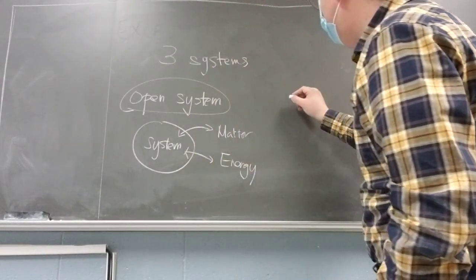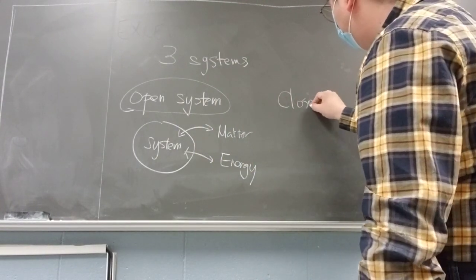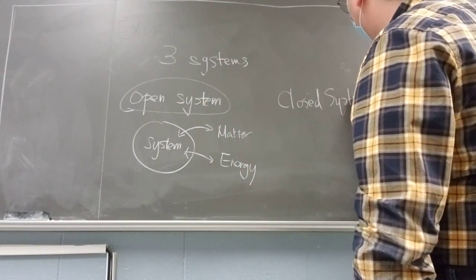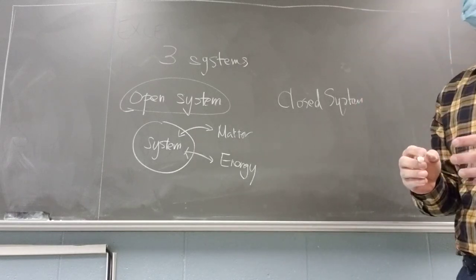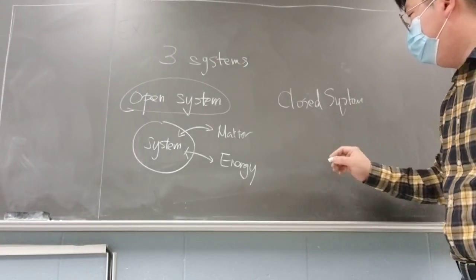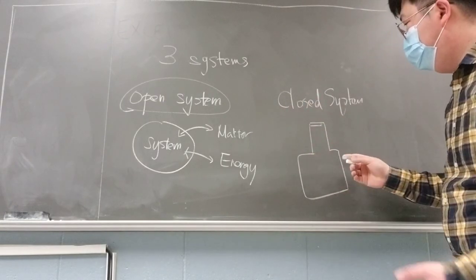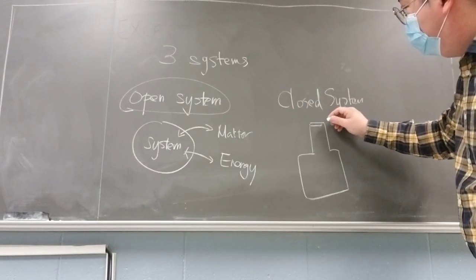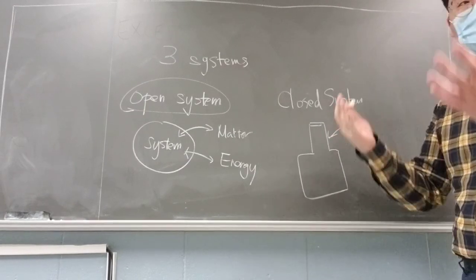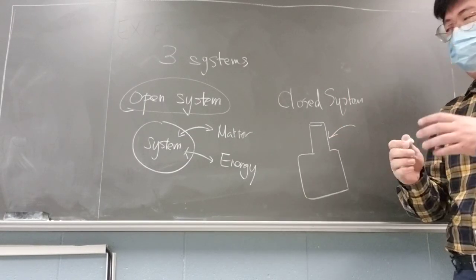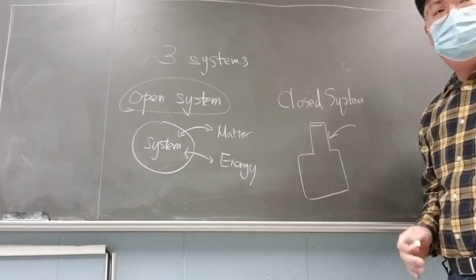The second one is a closed system. So a closed system is like a sealed bottle. If you have a sealed bottle, well, it could be any system. You cannot put anything into the sealed bottle because it's closed. You actually close the bottle.